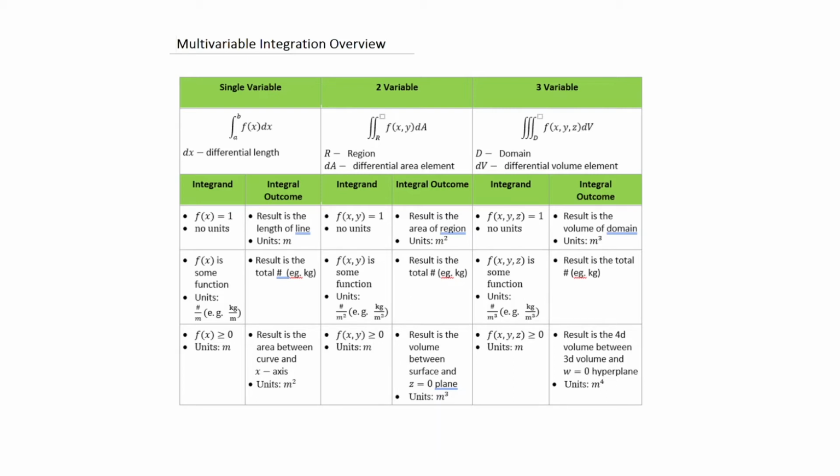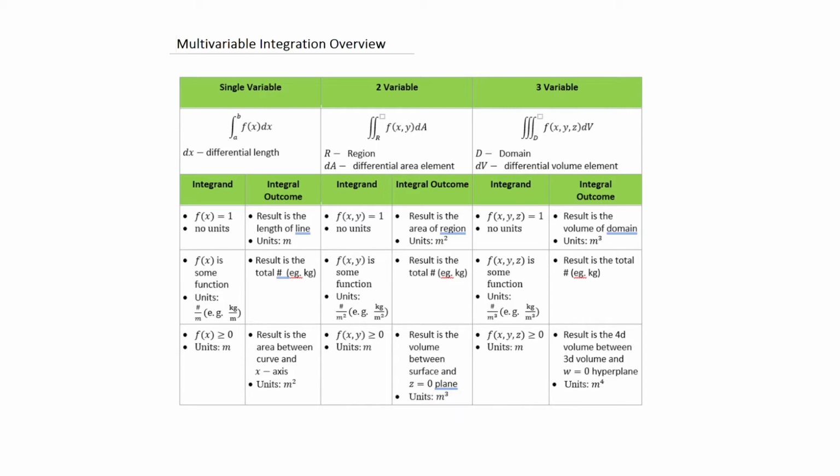And lastly, if f of x y is greater than 0 and takes on the units of meters, then what we're computing is the volume between a surface, some arbitrary surface of f x y, and the z equals 0 plane. And so this would be units of meters cubed, so effectively it's the volume.